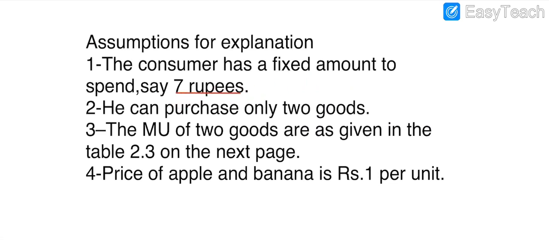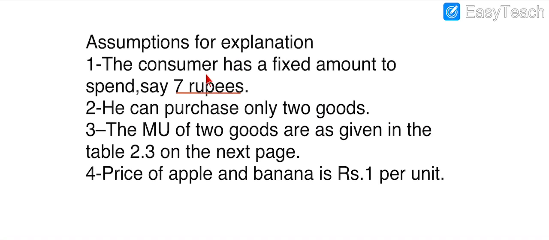Second, he can purchase only 2 goods, which means the consumer has the option of purchasing only 2 goods. Third, the marginal utility of the 2 goods is as given in the table. I will explain the table on the next page.